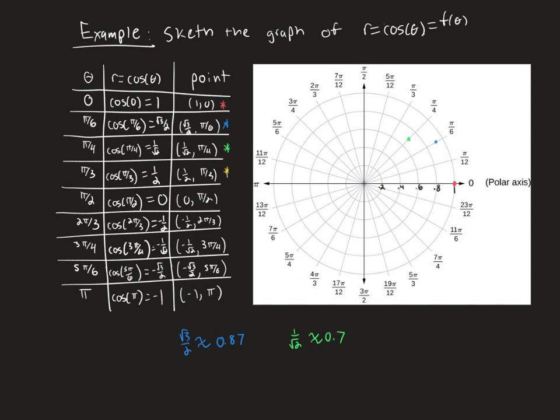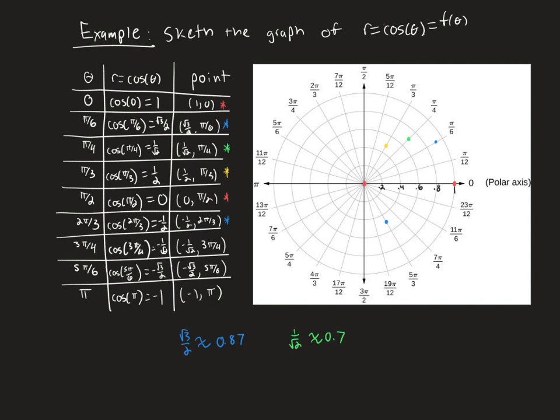Pi over 3, we're at 1/2. Well, right there. Pi over 2, start rotating through, we're at 0. So the distance 0 means we're going right through that point. 2 pi over 3, negative 1/2. So angle 2 pi over 3, and then negative 1/2, so we have to go backwards down to here.